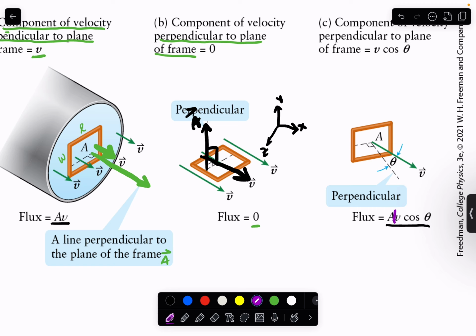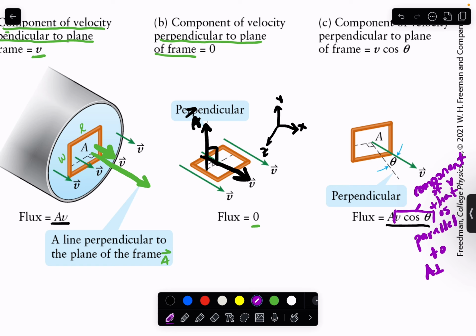This V cosine theta is the component of V that is parallel to a perpendicular. Okay, and I'll use this little ⊥ symbol to signify perpendicular.